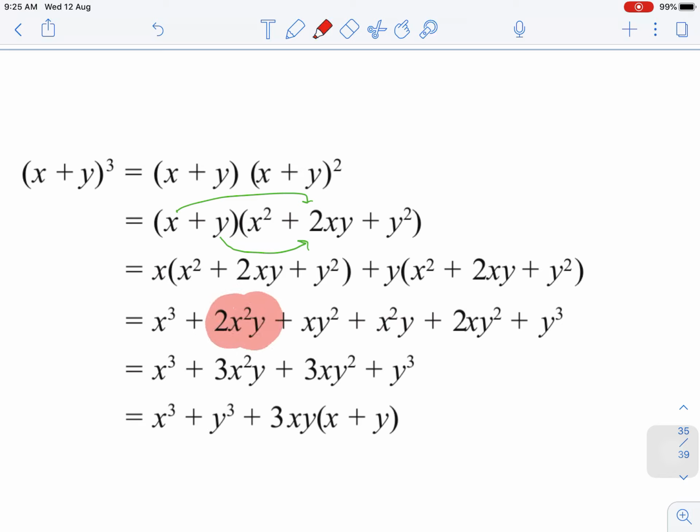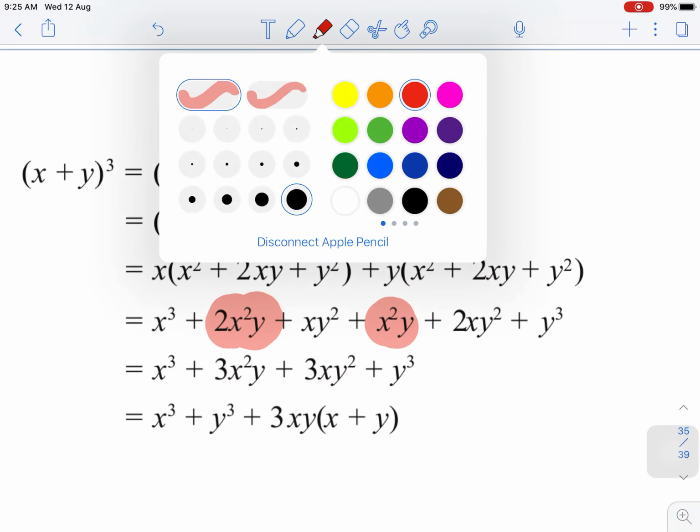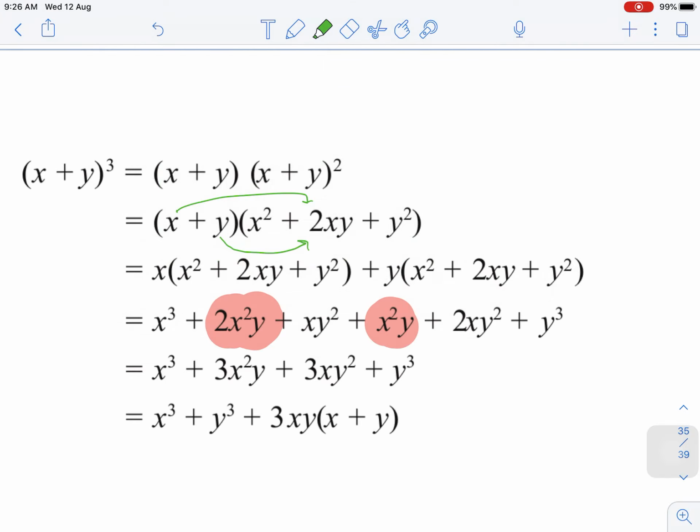Let us highlight these like terms. These both are like terms, so we can add them. So 2x square y plus x square y will become 3x square y. Now let us see, do we have any term with xy square? Yes, these two terms are like, so we can add them and get 3xy square.